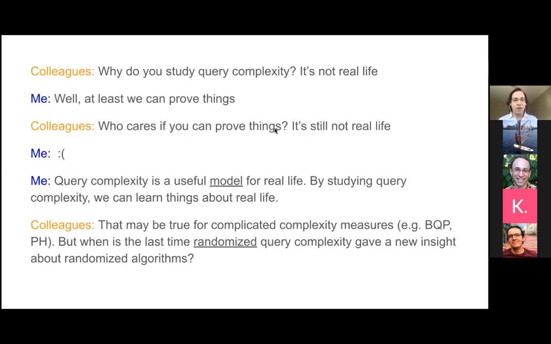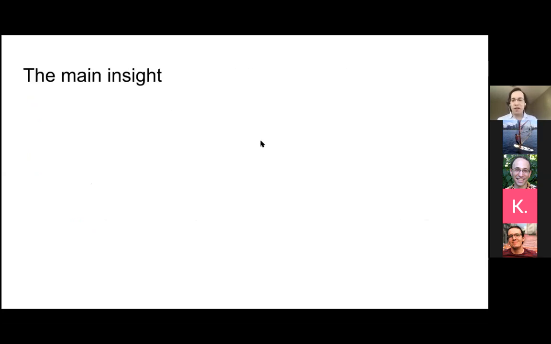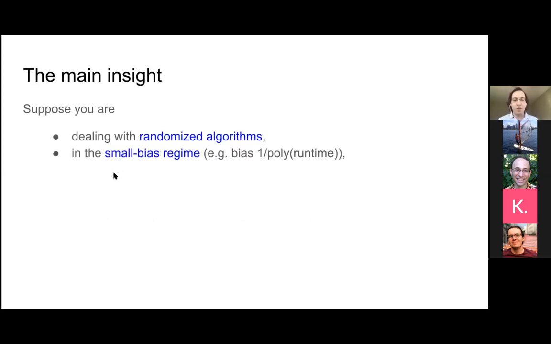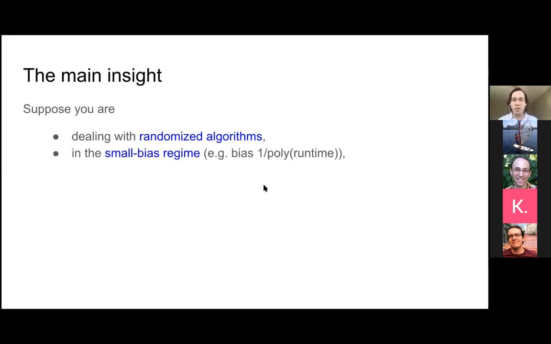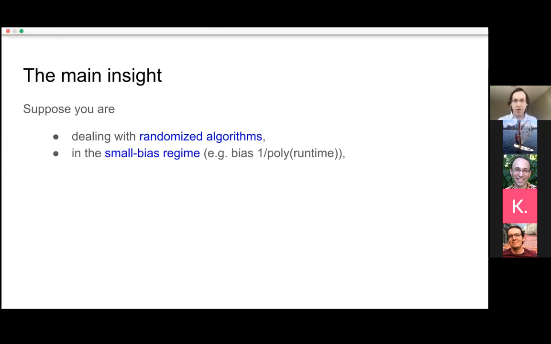And the main insight that I think we got from this work is the following. Suppose you are dealing with randomized algorithms in the small bias regime. By that, I mean the bias will be 1 over polynomial in the runtime rather than, say, 1 over exponential in the runtime, which would be more similar to a PP style regime.